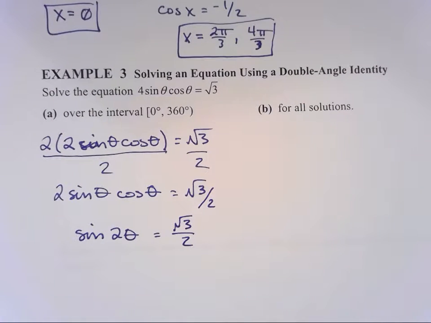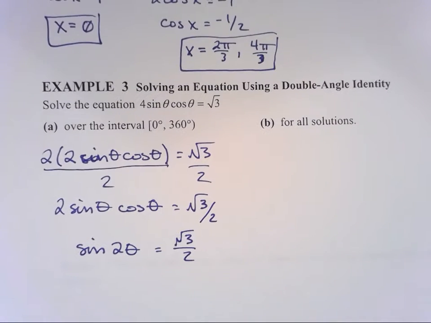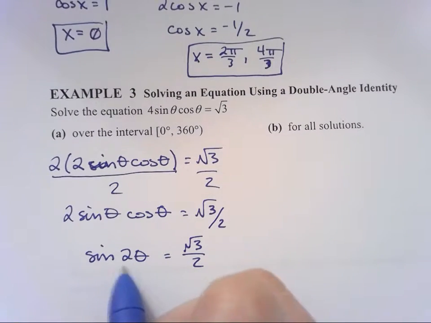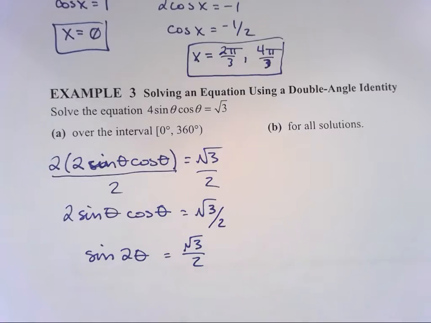Okay. Well, at this point I have an angle. I can just take sine inverse on both sides and get out an answer. But I have too many numbers here. I'm not supposed to have a number here. When I have a number here, I have to change my interval.